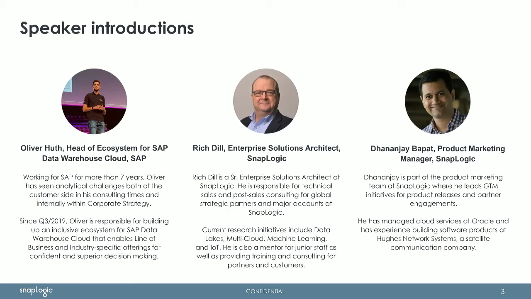Since Q3 of 2019, he is working on building an inclusive ecosystem for the SAP Data Warehouse business, and is looking at enabling line of business users as well as industry-specific use cases so that everyone across the enterprise can lead to confident and superior decision making.